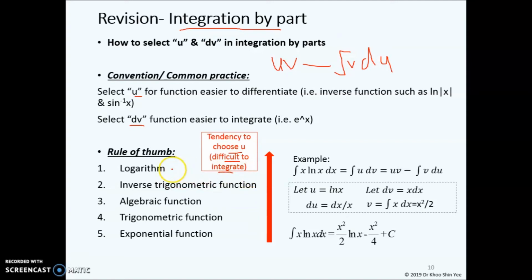So for example, ln, okay, inverse trigonometric function, so it's hard to integrate. So let's say you have a product here, x and ln x, so we can use integration by part. So we choose u equal to ln x, okay, because it's much easier to differentiate here.